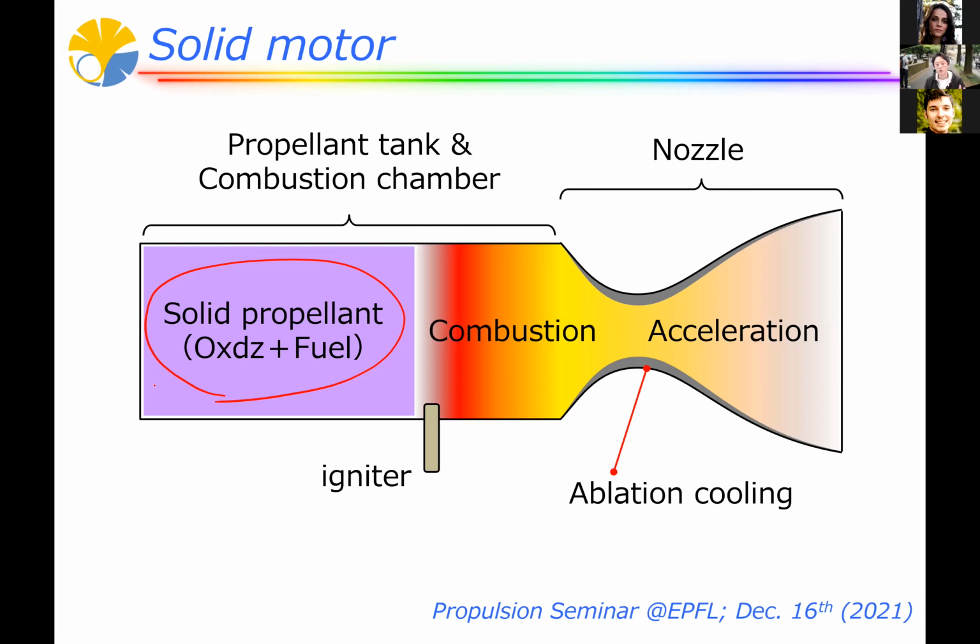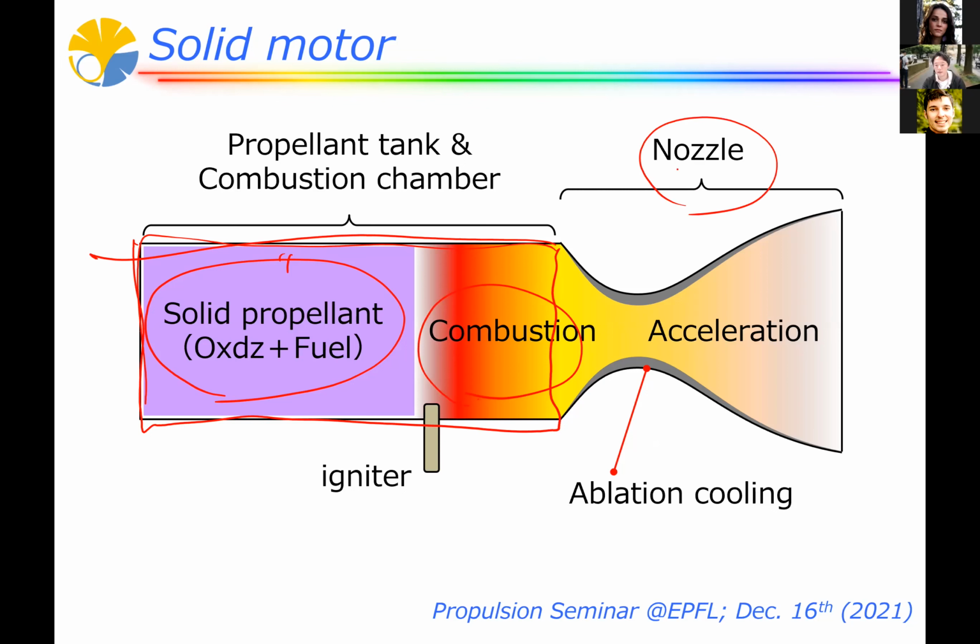It includes oxidizer and fuel, and by itself, it can combust. So this is the solid propellant and combustion chamber. Basically, these two are in the same room. And after that, we have a rocket nozzle here. And to ignite the solid propellant, we need a certain kind of igniter. So it's a very simple concept.